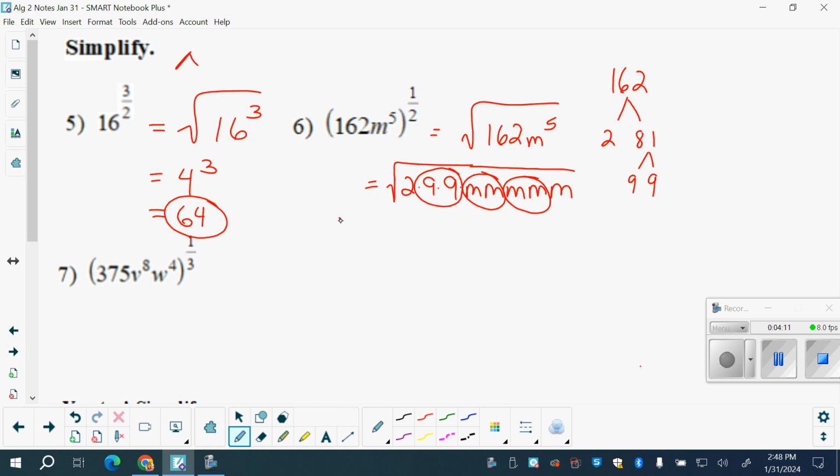So 9 would go, since we have the pair, we can put a 9 there. Does that make sense? You're right. Each one we could take the square root of, but since it's a pair, I hope that makes sense. Okay. And then what about the m's? Good. M squared. And then, you know what's left on the inside? Very good. And then last one.